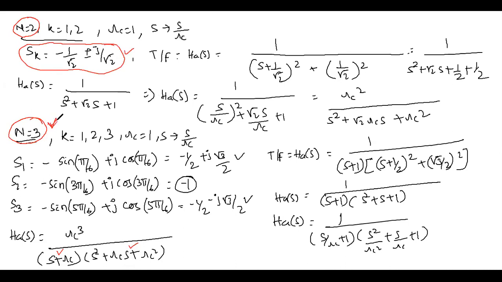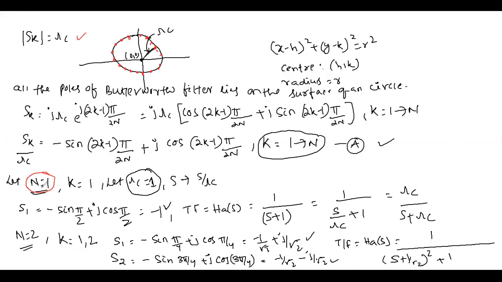But when n is odd, we are getting complex conjugate poles plus one pole at omega c. Clear? This is the observation.